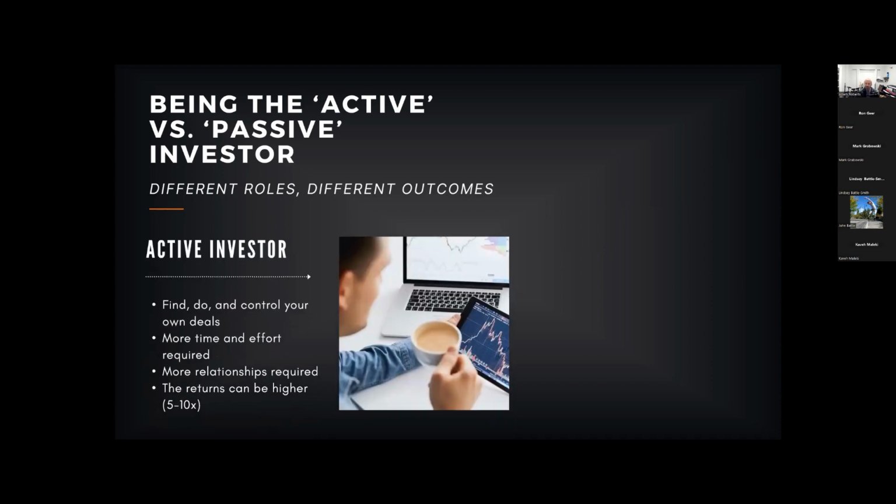So in the world of real estate, and I'm sure this translates into other types of investing vehicles, you have an active investor. You have someone who's actually going out and getting deals done. Maybe it's HGTV and the people you see on there that go out and buy the distressed properties and renovate them and sell them for a big profit.